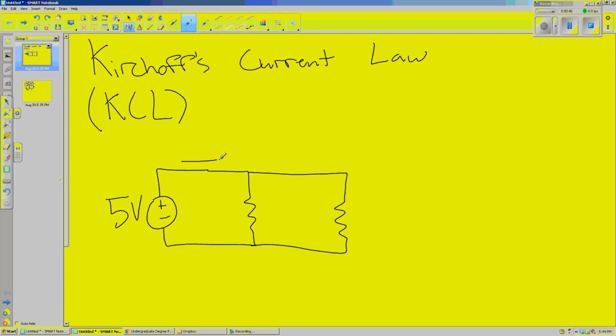So let's say we've got a current here, I1, and a current here, call it I2, and then I3 over here.